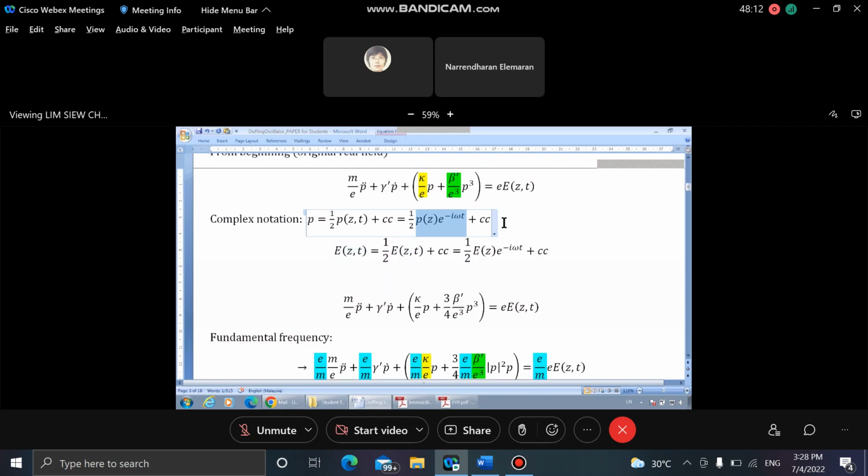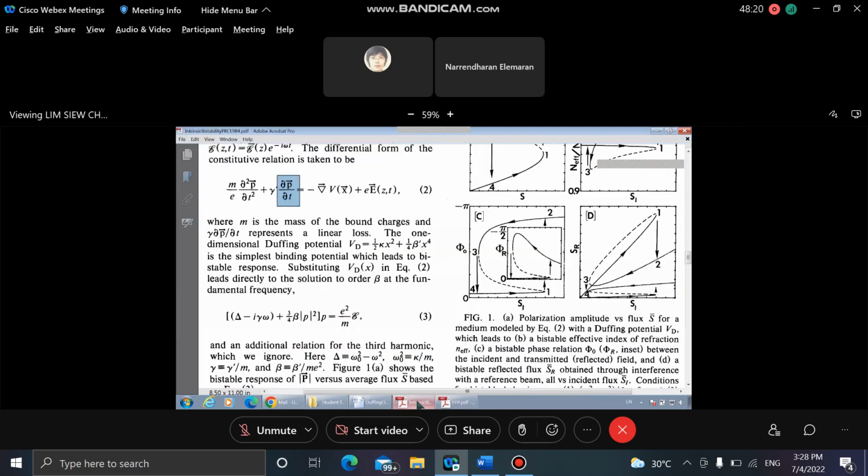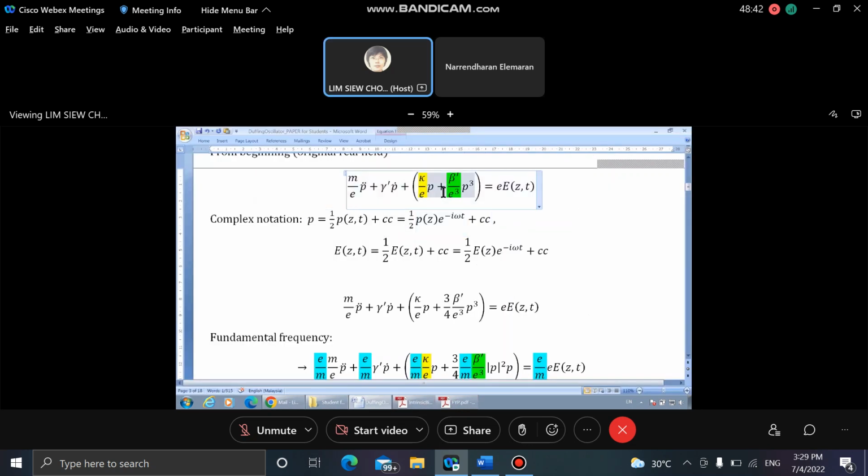let me see. I think last time I did point out something. There is a 3 over 4 here. I did show that it should be 3 over 4, because based on the Duffing oscillator, just the x, we consider the powers of 3.